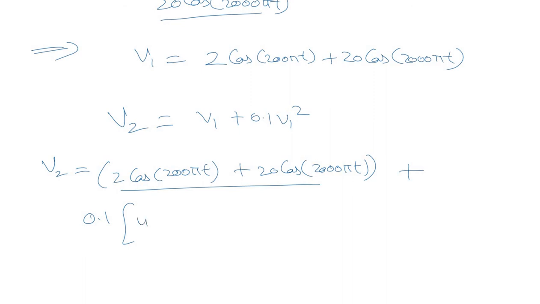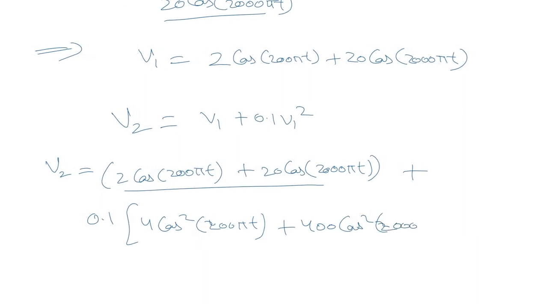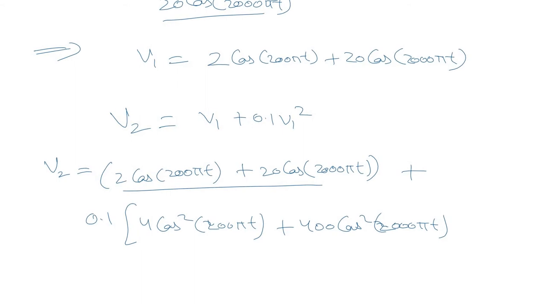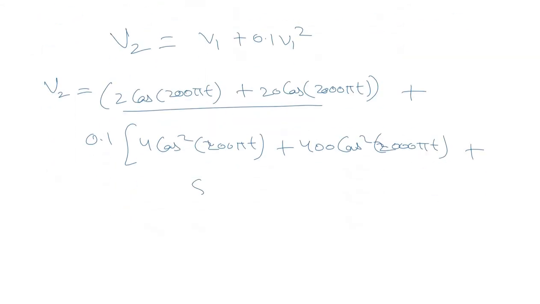So it becomes 4 cos square 200 pi t plus 400 cos square 2000 pi t plus 80 cos of 200 pi t into cos of 2000 pi t.